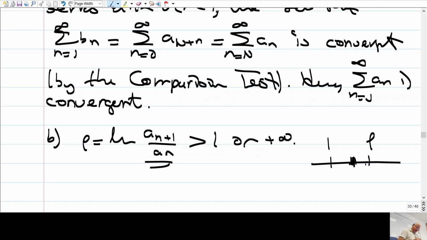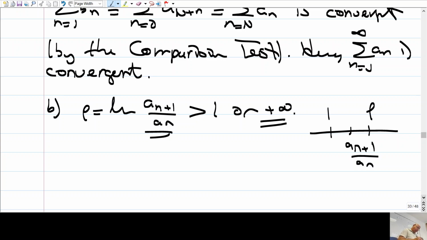They could be close to 1, or they may go to infinity, but in any case they will be larger than 1. So a_{n+1} over a_n will be larger than 1. You may choose r to be a number between 1 and rho, and consider this interval.